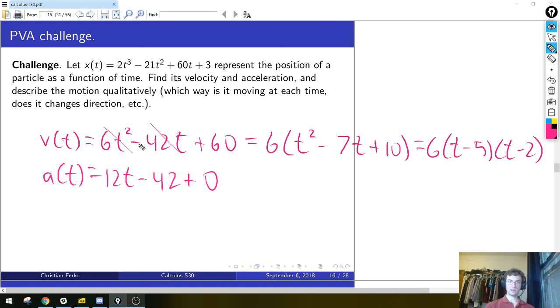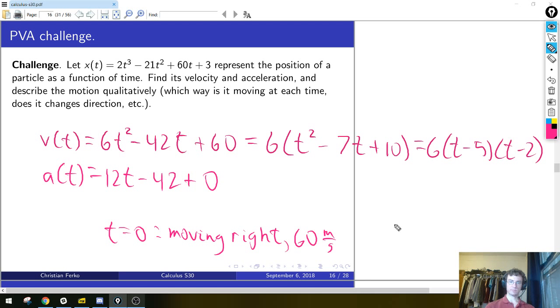So at t equals 0, the particle is moving to the right, because positive is always the distance from the origin, and since the right is positive on a number line, it's also positive here for our particle.